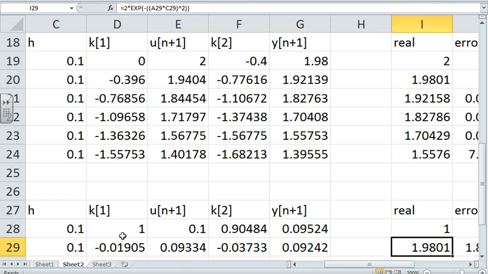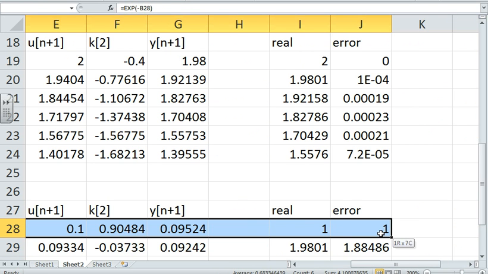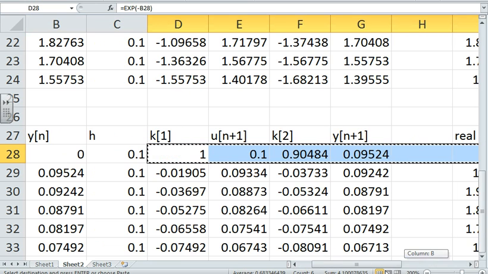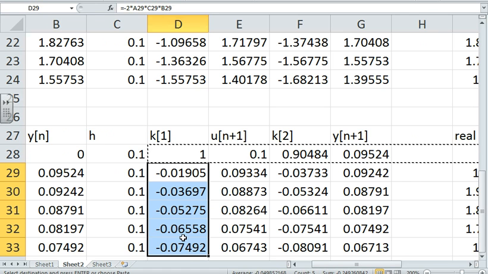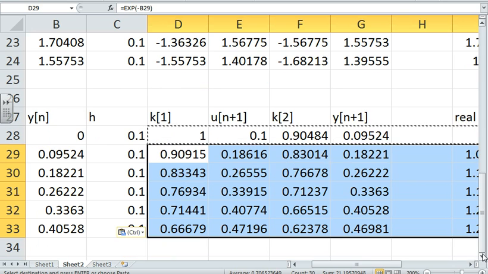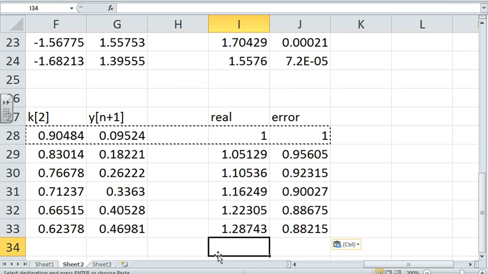Okay, we're going to copy these guys. Error 1. Copy those guys down to there. Do a quick check and oh, I don't like that error.